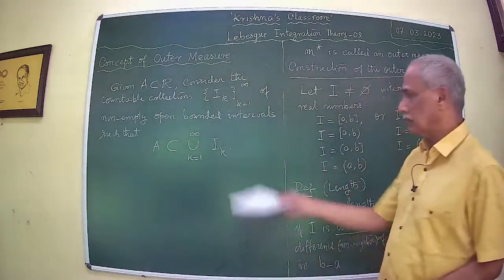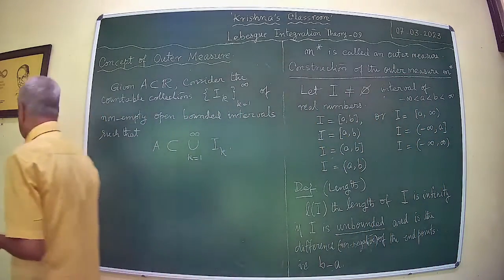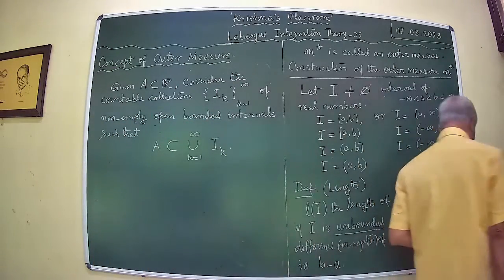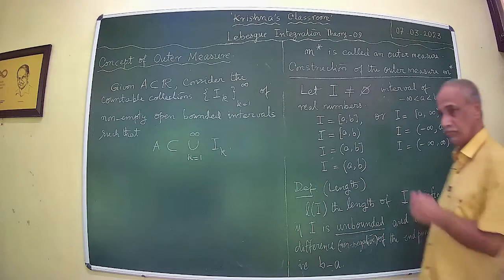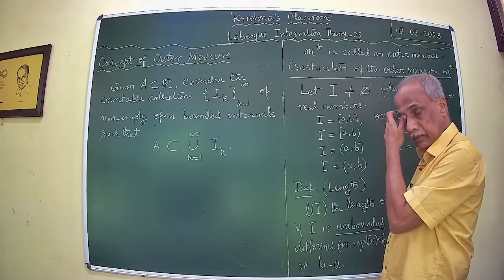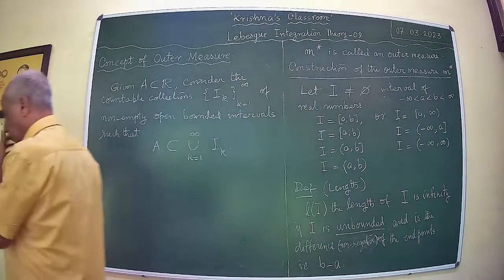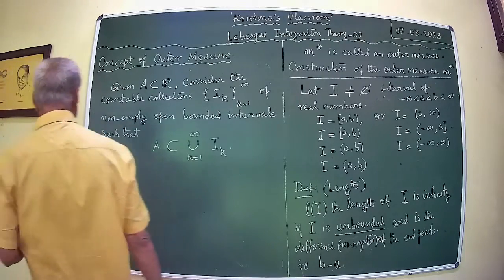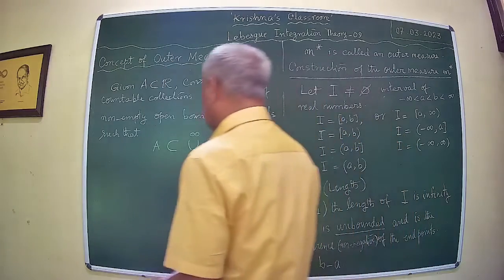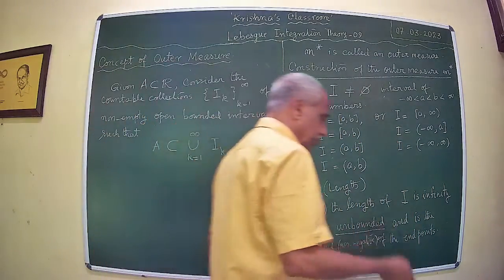Now this is not difficult to see. If you choose any subset of R, take all the rational points. Okay, and then for some positive epsilon, you list those rational numbers.